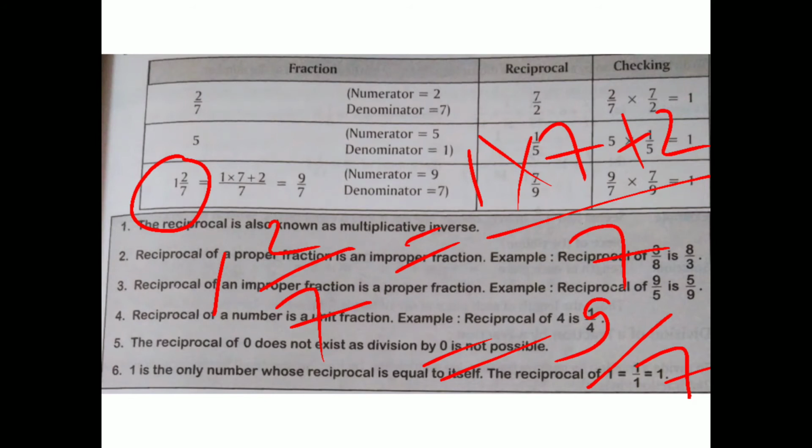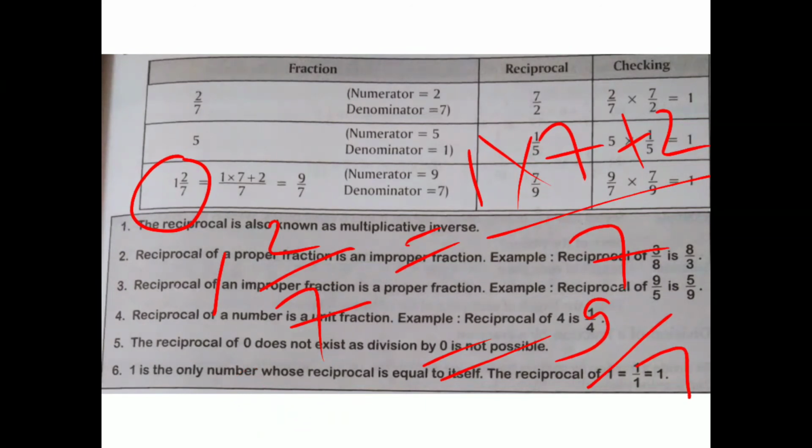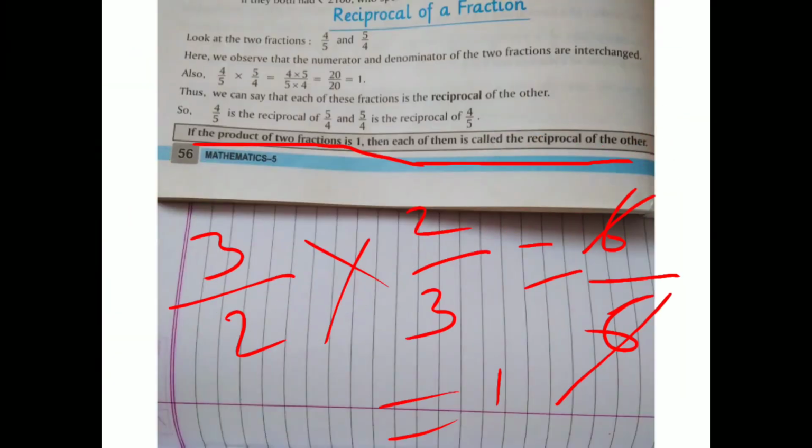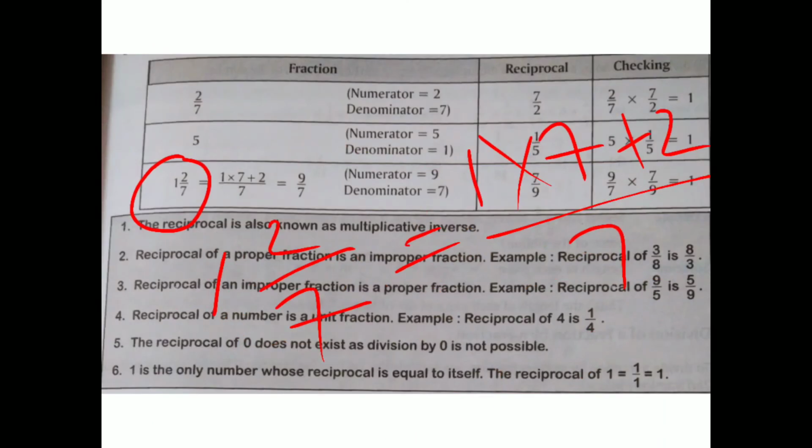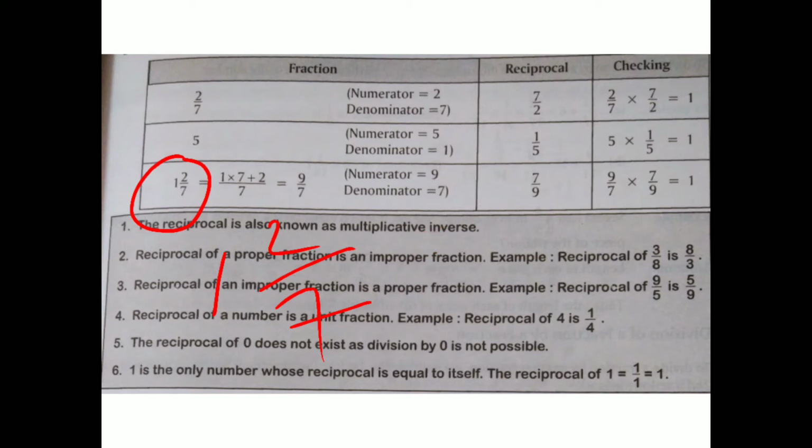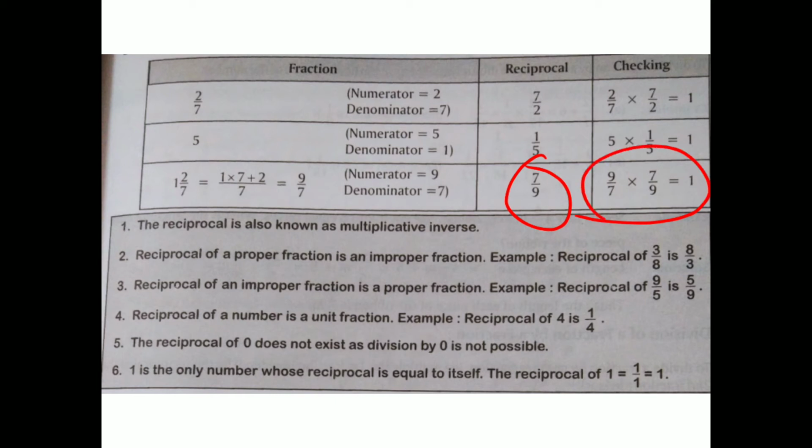OK, 9 upon 7 and its reciprocal is 7 upon 9. Multiplying it with its reciprocal, the answer will be 1.